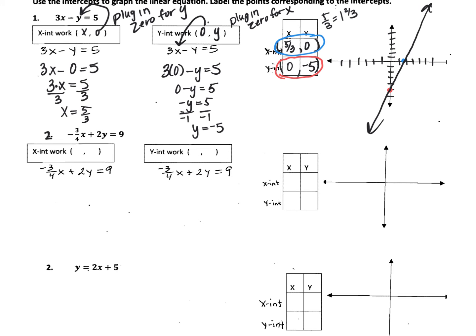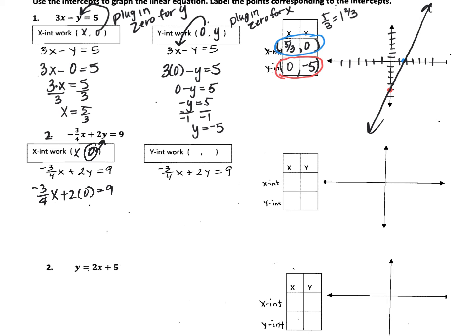Okay, let's look at number 2. -3/4 x plus 2y equals 9. Remember, it's x, 0. So I'm plugging in 0 for the y. So we have -3/4 x plus 2 times 0 equals 9.